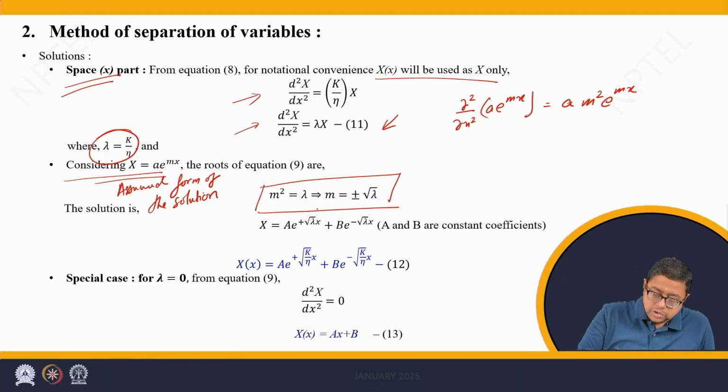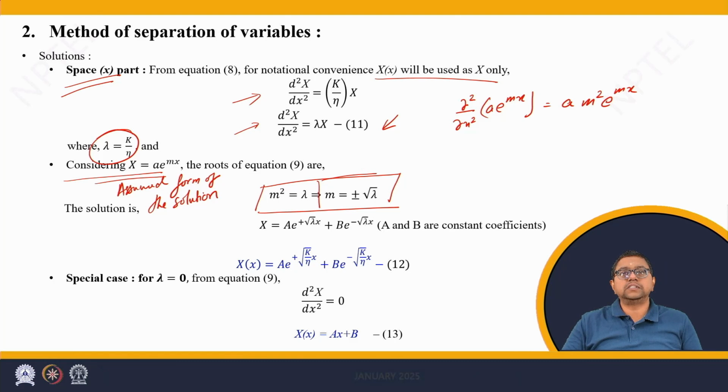So we have m equals plus or minus square root of lambda. Now remember, lambda is capital K by eta. So depending upon the sign of K and eta, we can get different solutions.